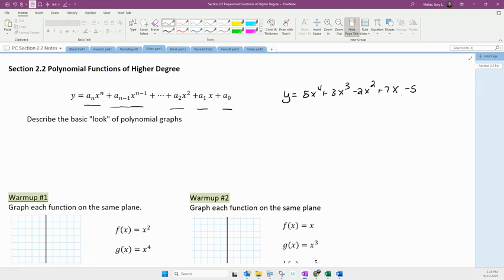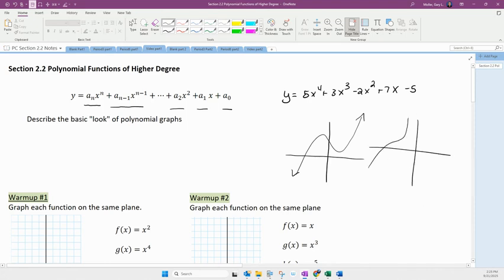Now let's describe the basic look of a polynomial graph. There are two main things I want you to get across from this. If I ask you to sketch a generic polynomial graph, you might show me something that looks like this. What do we know to be true about them? Well, there's nothing weird going on. There are no breaks, no discontinuities, meaning we're not cruising along and then suddenly have an asymptote.